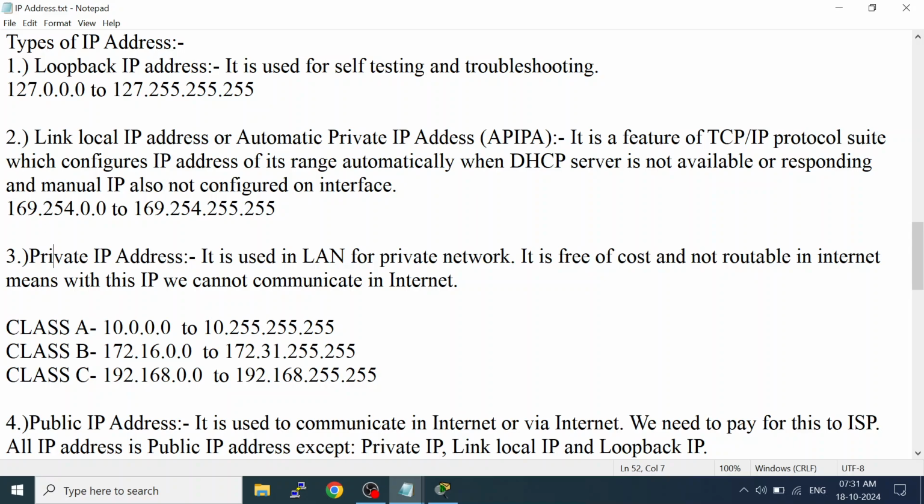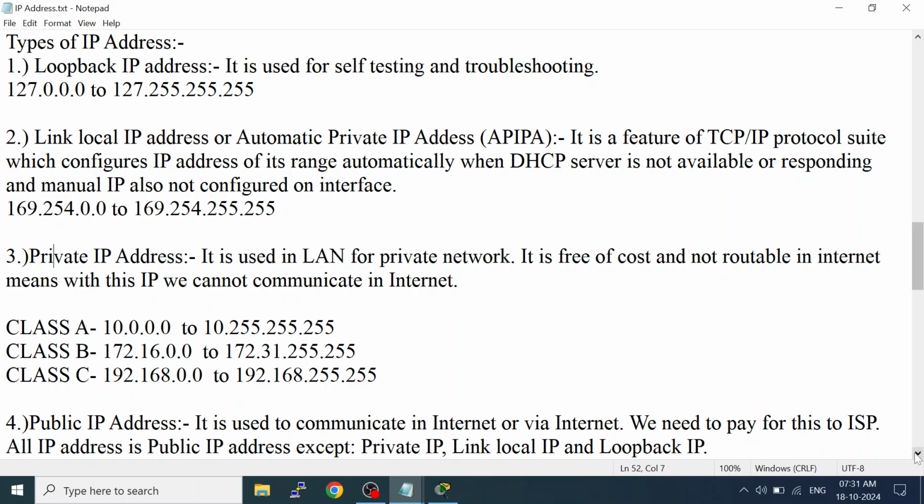Internet routers will get confused where to forward this packet. You are also having the same IP address, I am also having the same IP address. Okay, so that is why this private IP is not routable on the internet. So whenever any packet comes with a private IP, immediately the router drops it. It is not forwarded towards the internet.